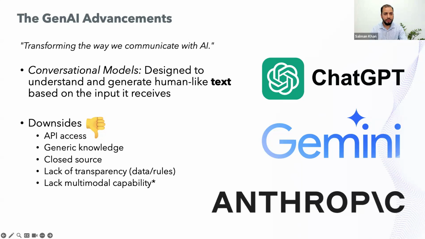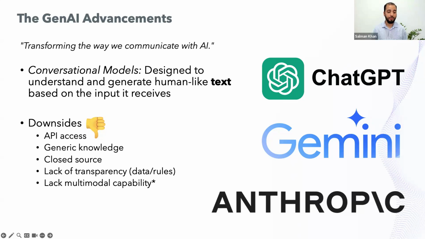Now, some of the downsides of these great advancements are that these are closed source models, so it is definitely of great interest for us as academicians to see how we can design open source models which people can reproduce and build upon and take to the level of closed source models, to provide more accessible infrastructure to the research community. Similarly, the existing models typically have generic knowledge and are not specialized for remote sensing imagery.